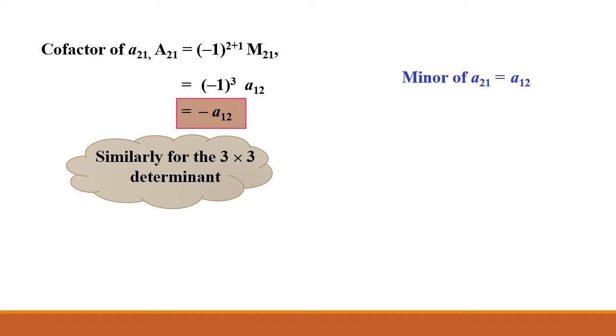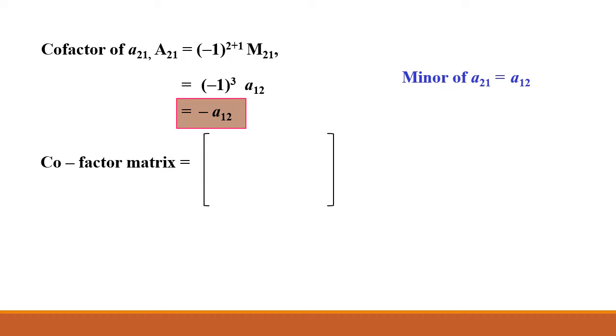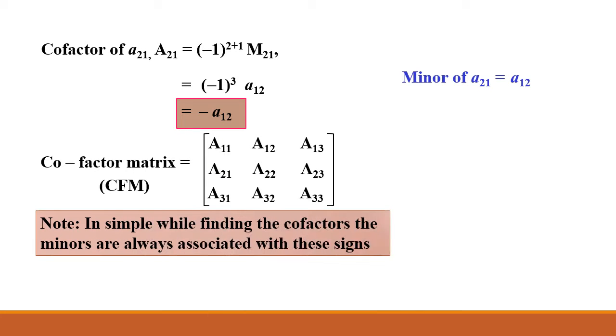Similarly, for a 3 cross 3 determinant, the cofactors are calculated as follows. In simple terms, while finding the cofactors, the minors are always associated with these signs. Each element has a particular sign based on minus 1 raised to i plus j. So the sign notations are plus minus plus, minus plus minus, and plus minus plus.